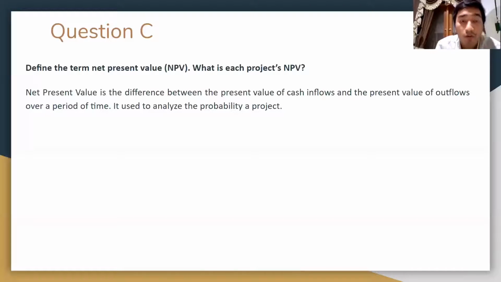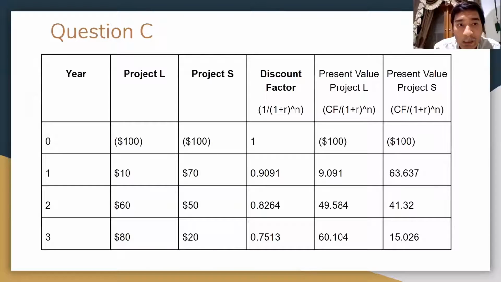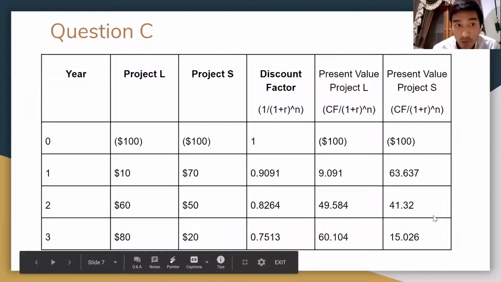Net present value is the difference between the present value of cash inflows and the present value of cash outflows over a period of time. It is used to analyze the profitability of a project. This is how to calculate net present value.